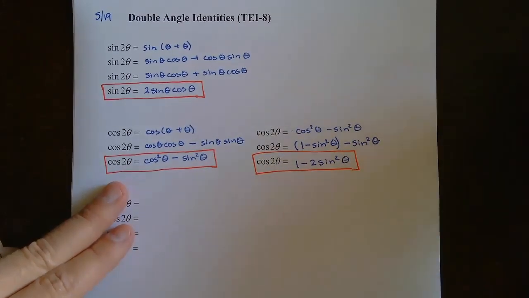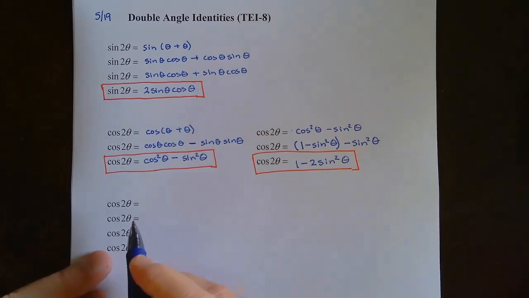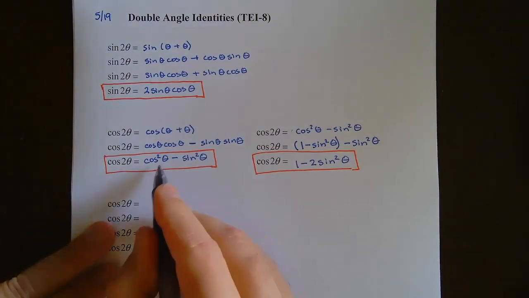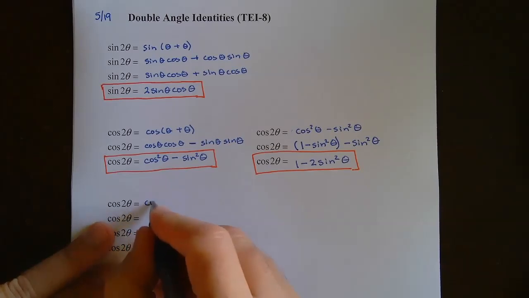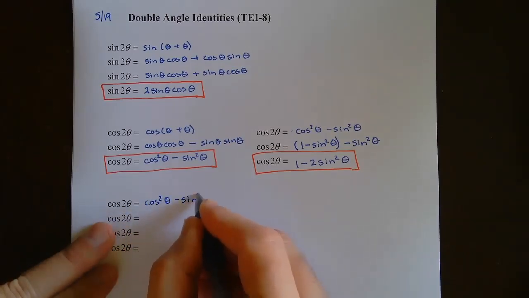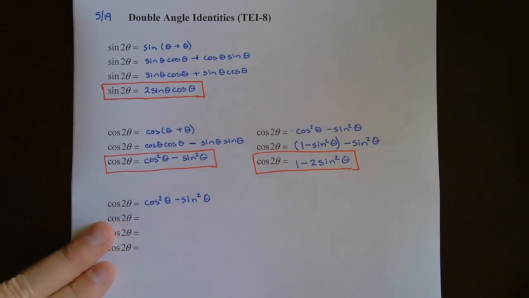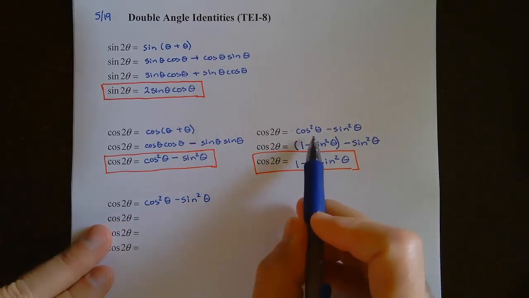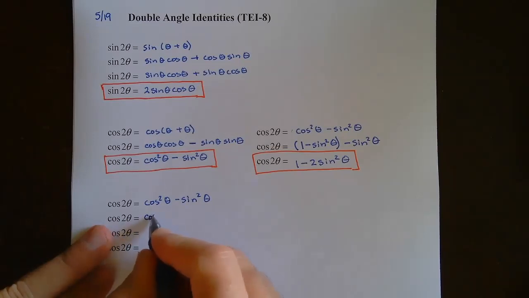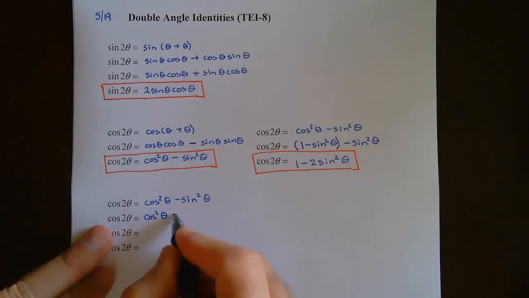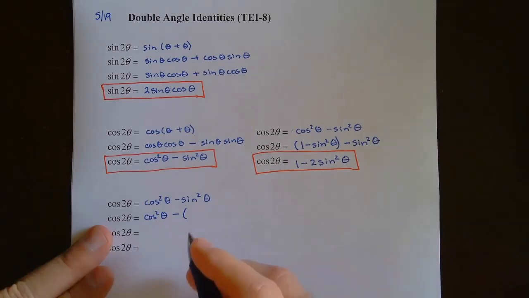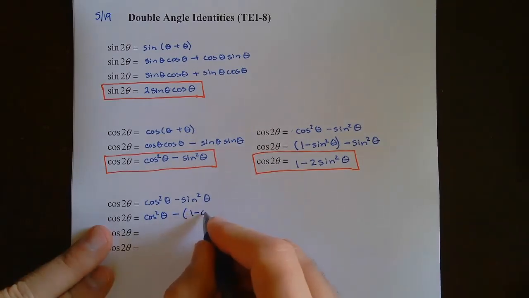Now we're going to do the same thing, using this one to get this one. So cosine squared theta minus sine squared theta. Last time I switched the cosine squared out, but this time I'm going to switch the sine squared out. So cosine squared theta minus, what is sine squared theta equivalent to? It's equivalent to 1 minus cosine squared theta.